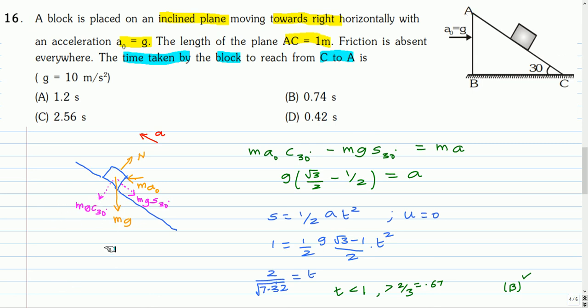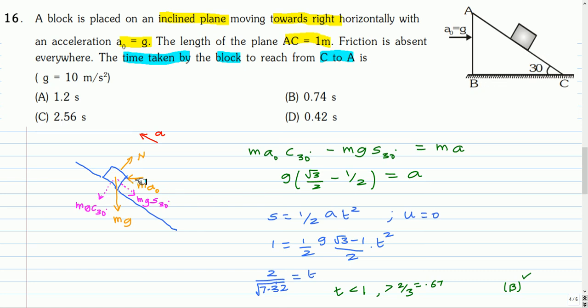So this is a free body diagram. One force is the weight of the block, mg, and the normal reaction perpendicular to the inclined plane. And since this inclined plane is moving with an acceleration A0, there will be a pseudo force of value m into A0 in the horizontal direction. So the angle between this pseudo force and this plane is the same as the angle between the horizontal and the plane, which is 30 degrees.